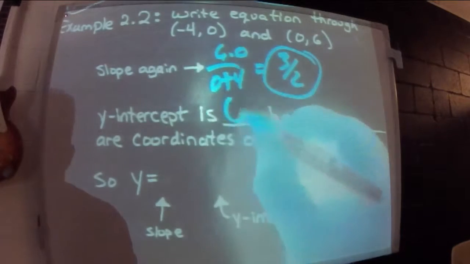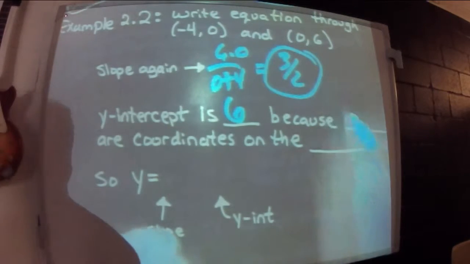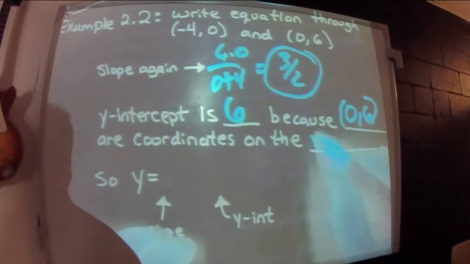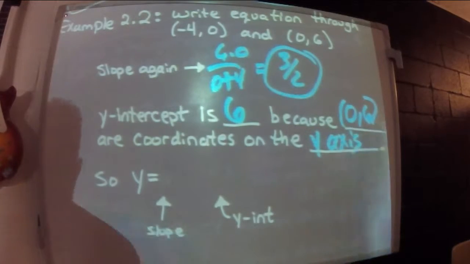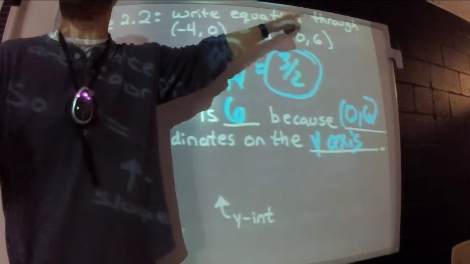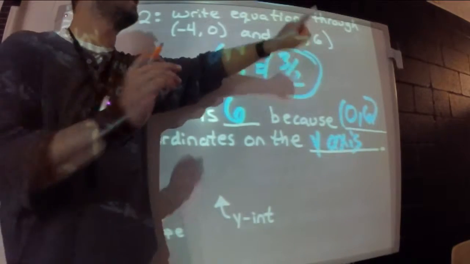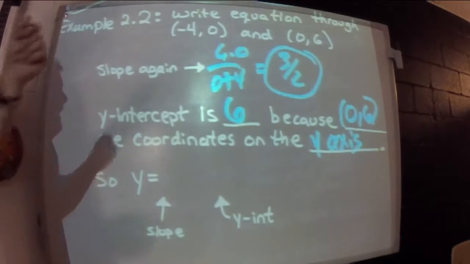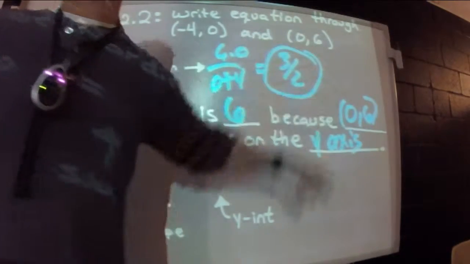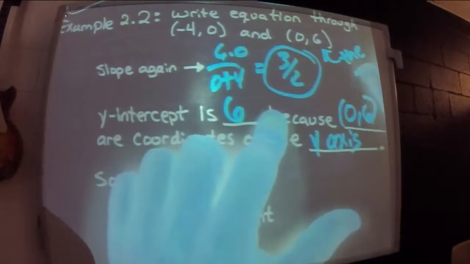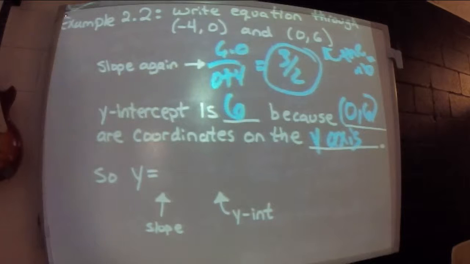The y-intercept is 6 because 0, 6 are coordinates on the y-axis. If you plotted this point, it would be on the y-axis. That means it's the only spot that line crosses the y-axis, right there. So you can go right to y equals mx plus b if you know that b is 6.